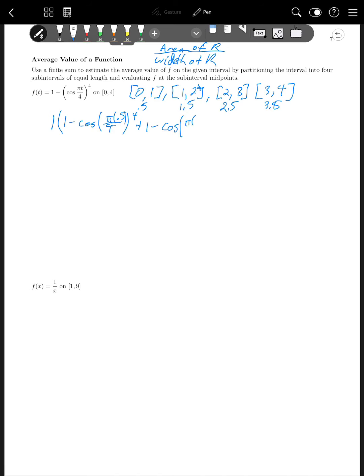Okay, and then we're going to plug those values into the function to get the y values that go inside the parentheses.